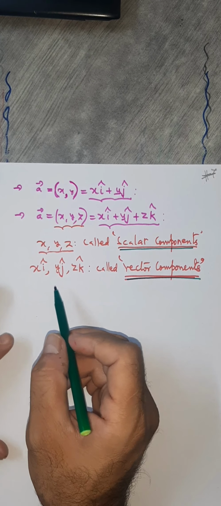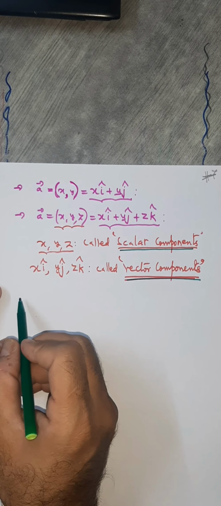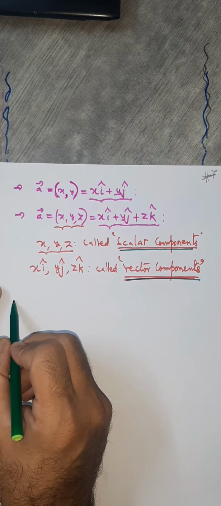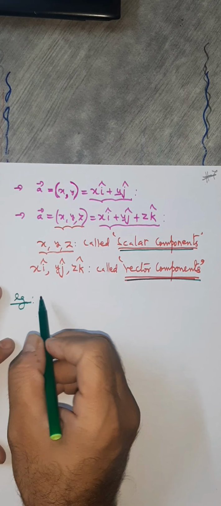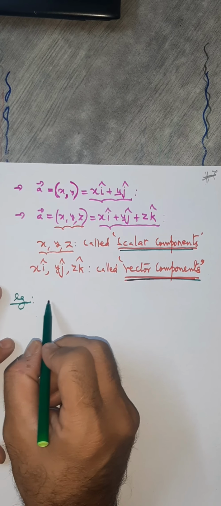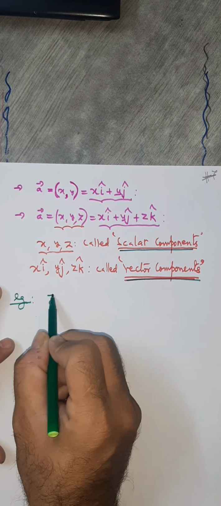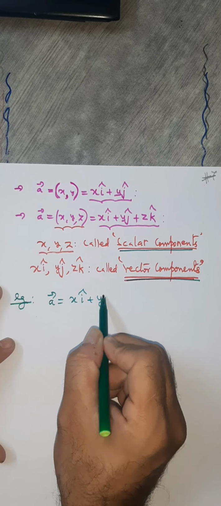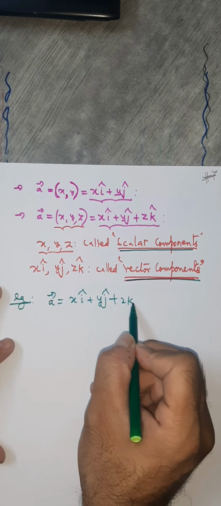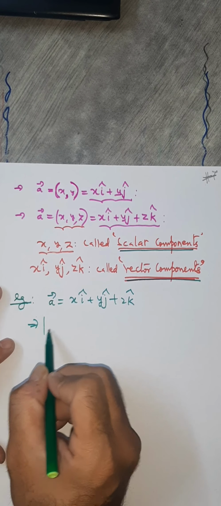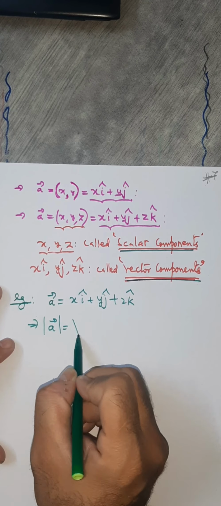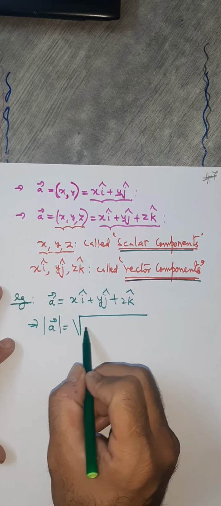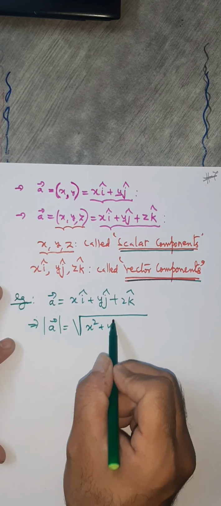Okay, so now, as we did two times, one more time I'm showing. If I take vector A equal to, for example, x i cap plus y j cap plus z k cap, then its magnitude, the length of this vector, will be root of x square plus y square plus z square.